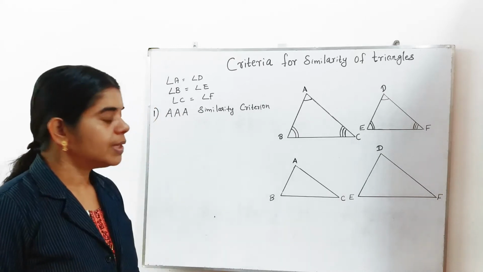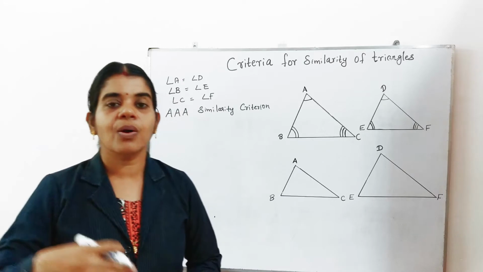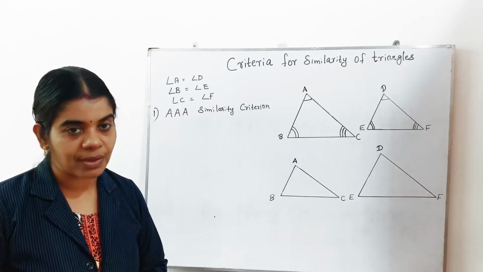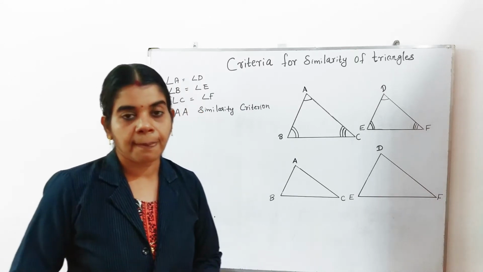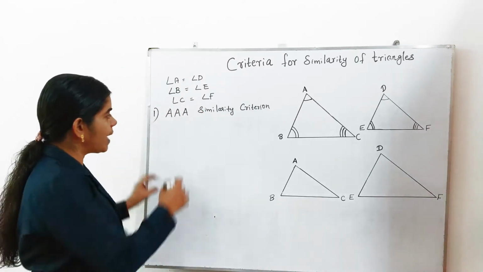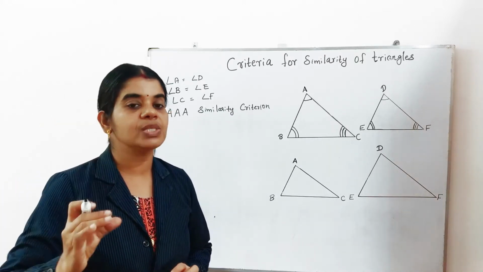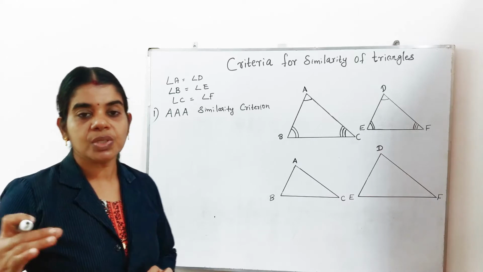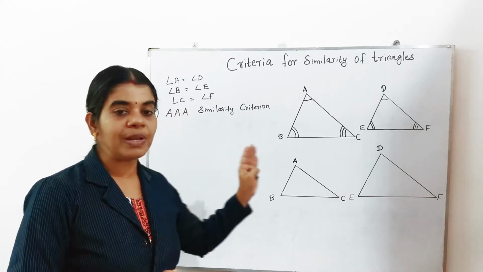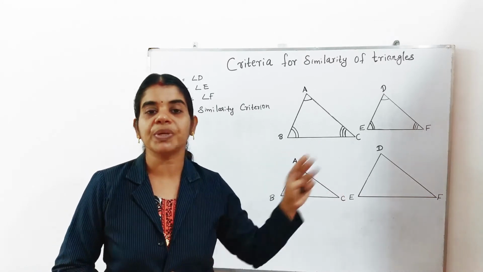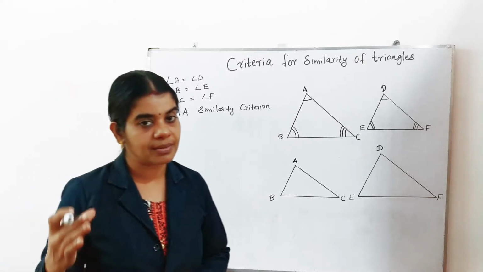Second one: you already know that if two angles of a triangle are equal to two angles of another, then automatically the third angle will also be equal, because the sum of the three angles is 180 degrees.